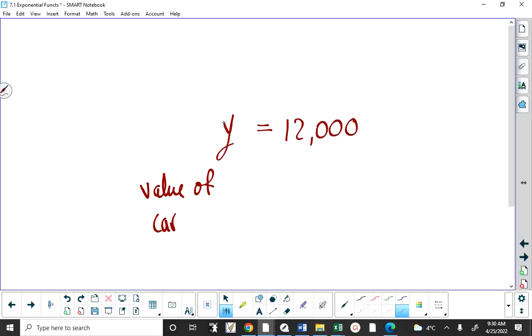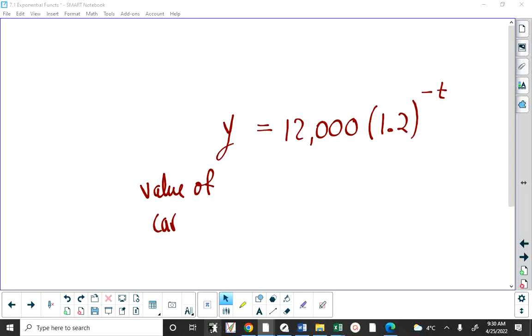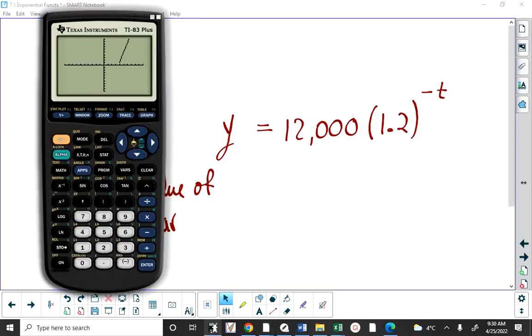And what you have here is 1.2 to the negative t, where t is the time in years. Okay? And I want to show to you that this will correctly predict the value of the car.